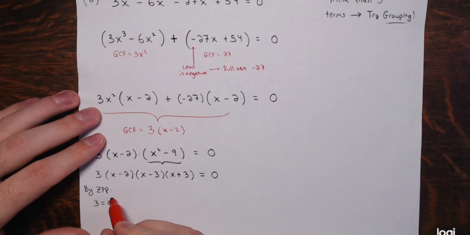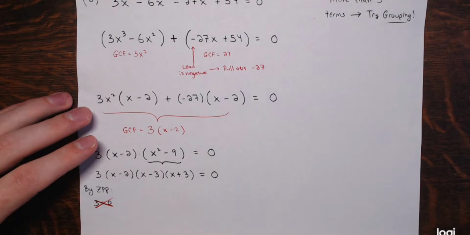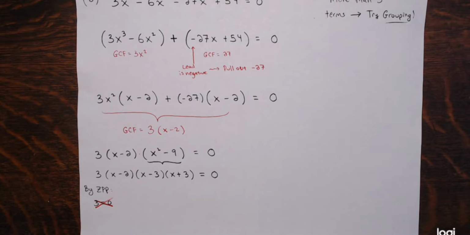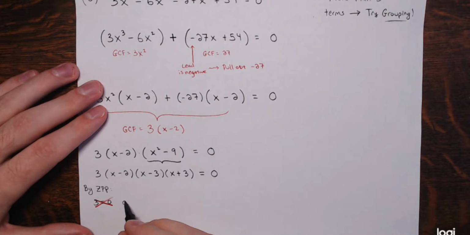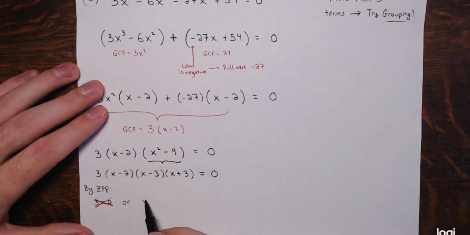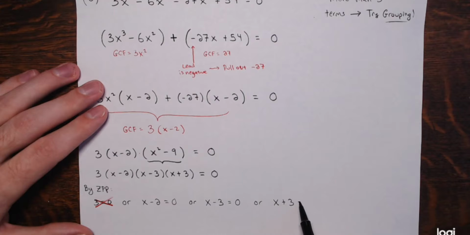You're not getting anything from that, so I'm going to ignore that one. It's only the factors with variables that give me any information. Or, this second factor, x minus 2 equals 0, or the third factor there, x minus 3 equals 0, or the fourth factor here, x plus 3 equals 0.